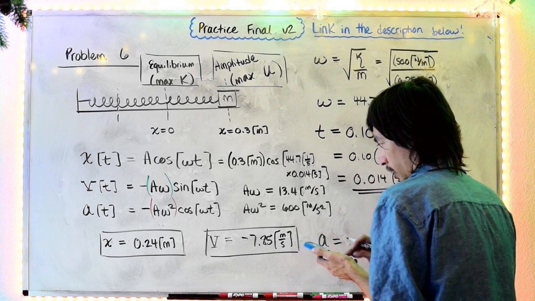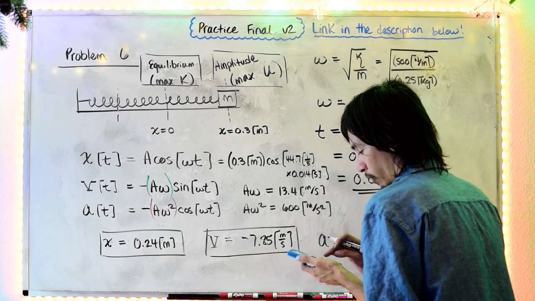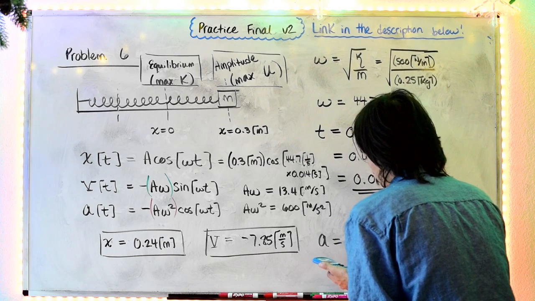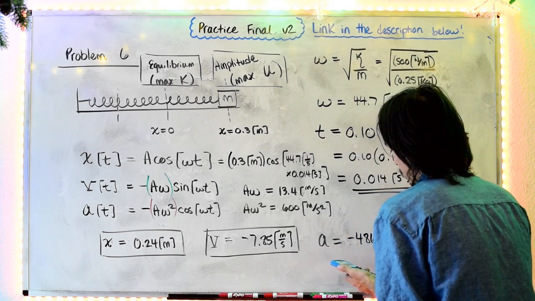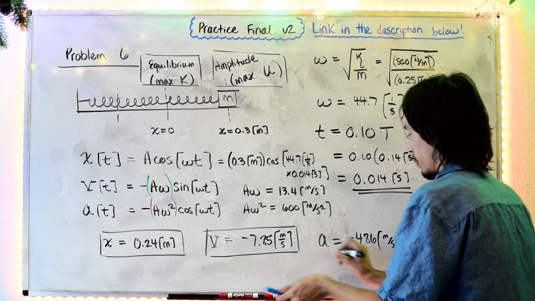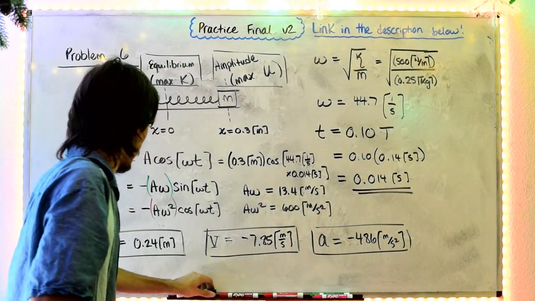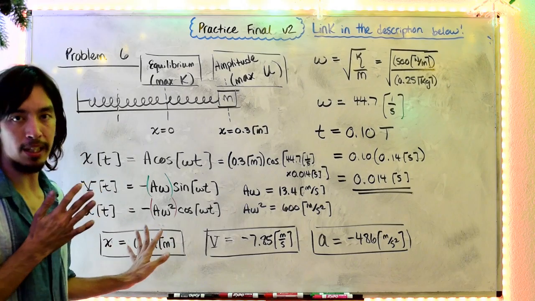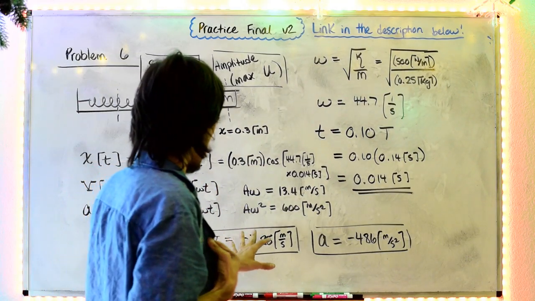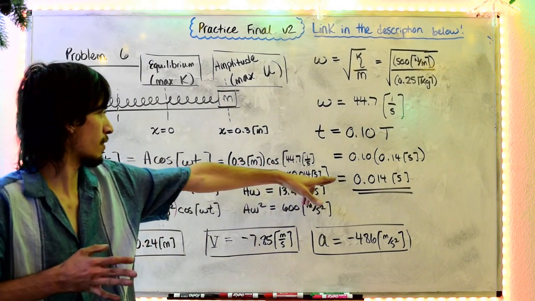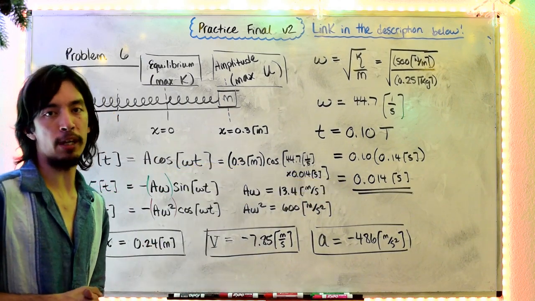Cosine times 600 meters per second squared, negative 486 meters per second squared. Okay. So now you get the position, the velocity, and the acceleration at this specific time of 10% of the period.